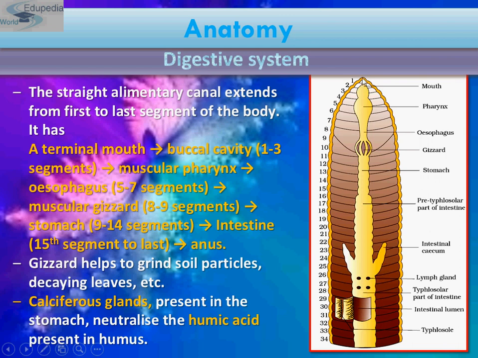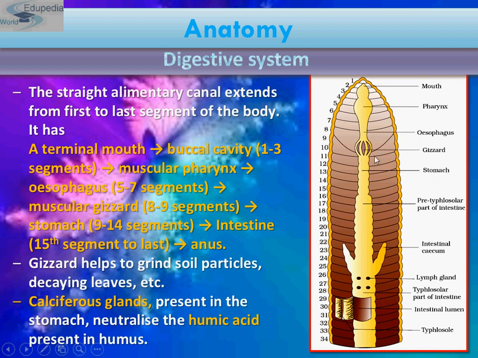Then the first three segments consist of the buccal cavity, or the mouth, and then comes the muscular pharynx. After the pharynx comes the esophagus, which is present in the 5th to 7th segment.